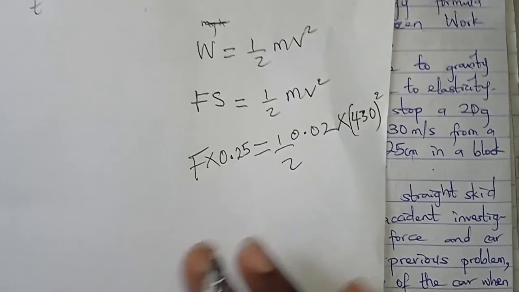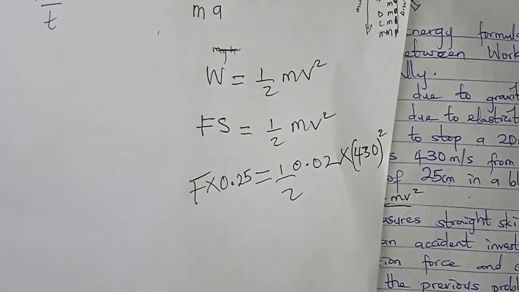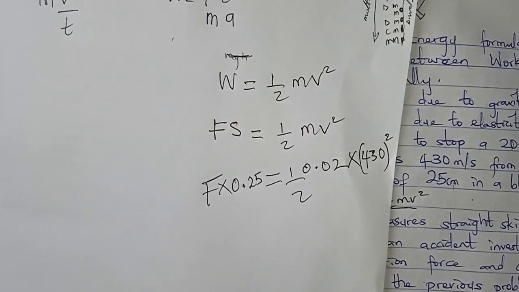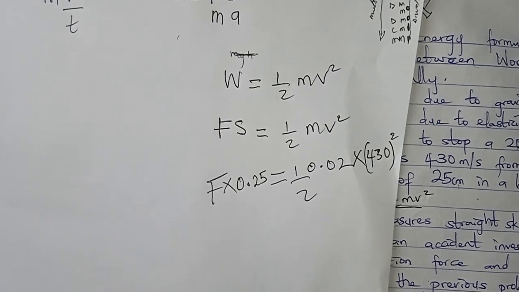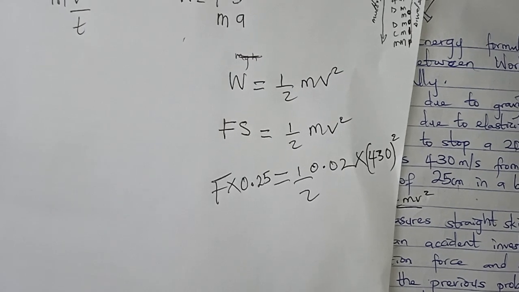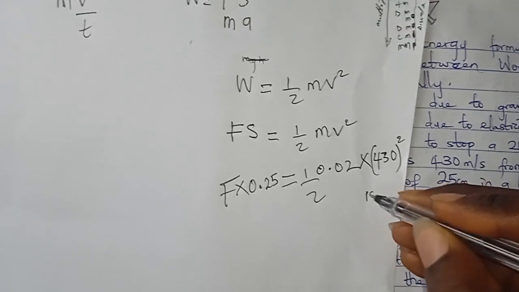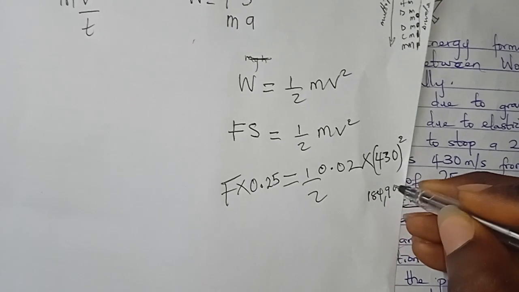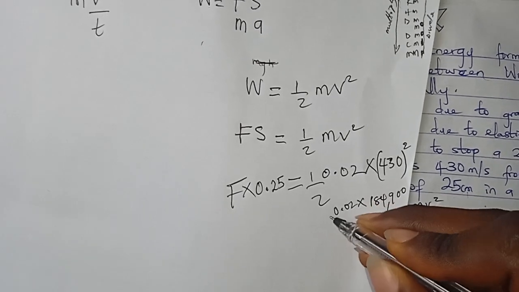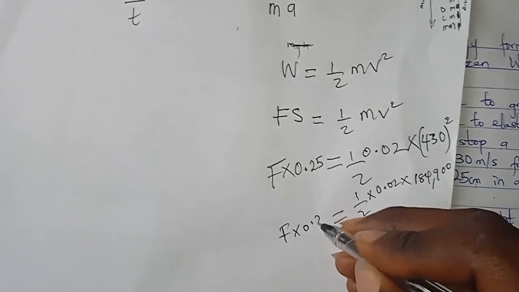So putting together everything, now let's punch. We have 430 times 430, you get 184,900. Then times 0.02 times 1 over 2 equals to F times 0.25.